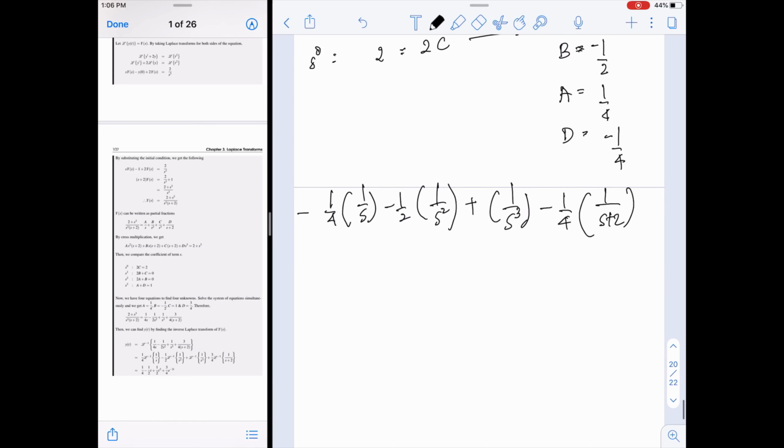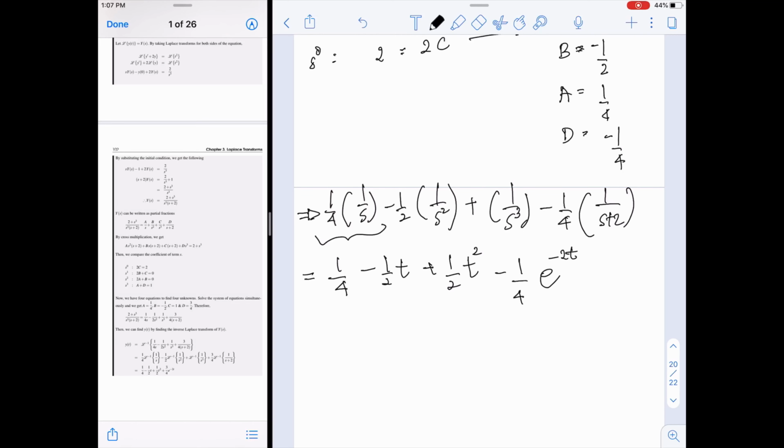By taking the inverse for each term, what you will get is 1 over 4, and then negative 1 over 2 t, and for this one you will get 1 over 2 t squared. And then for this one you will have negative 1 over 4 e to the power negative 2t.